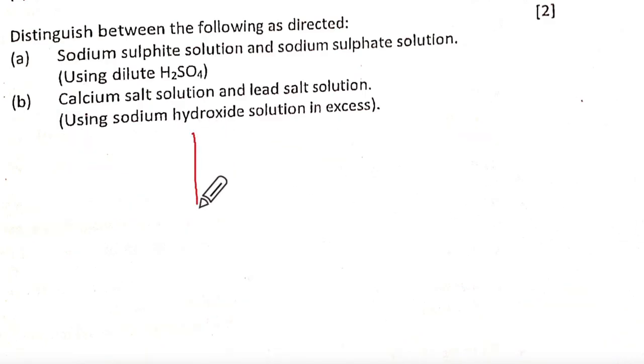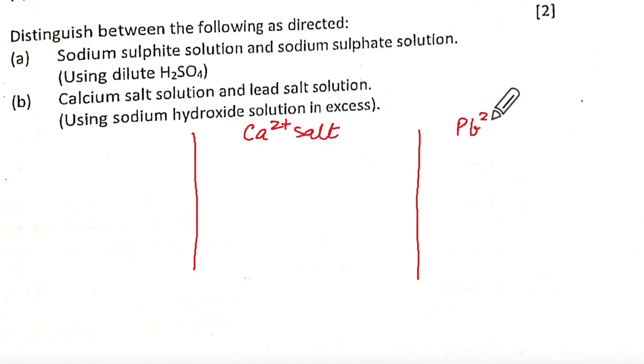We come to calcium salt and lead salt, means Ca2 plus salt and Pb2 plus salt. If they tell you name the salt, you will take here lead nitrate, correct? Now sodium hydroxide, can you see soluble in excess?